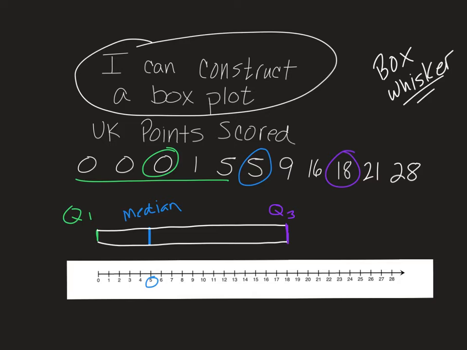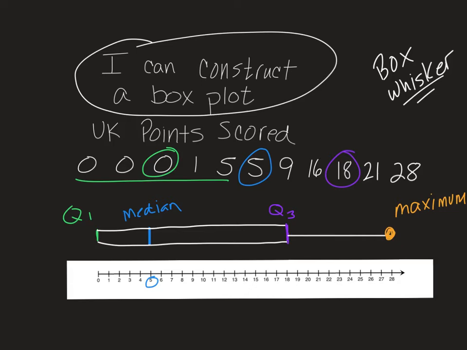And basically what that whisker is, it's just a line that goes out to the side, and that line extends up to the highest number in your data set. So notice I stopped the line right here above the 28. And the math word that we typically use for that is the maximum.